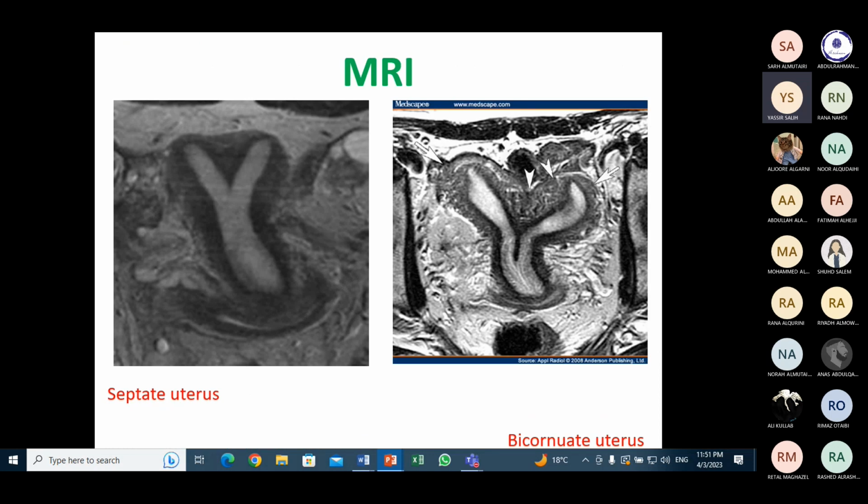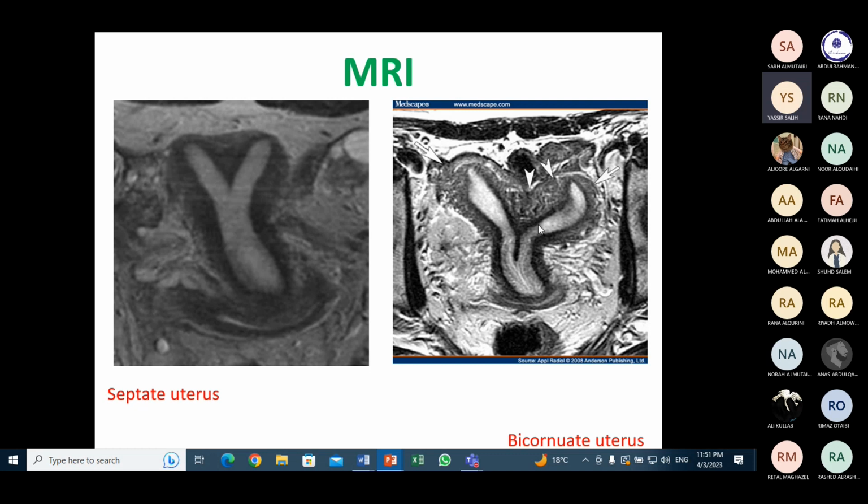Of course we do hysterosalpingogram, but MRI is now a more sensitive and more reliable technique for assessment of congenital anomalies. So this is MRI. You can see the two horns and the angle between them, which is obtuse.